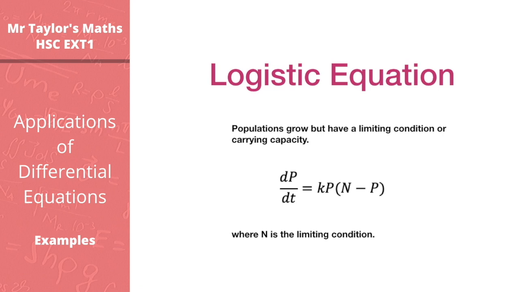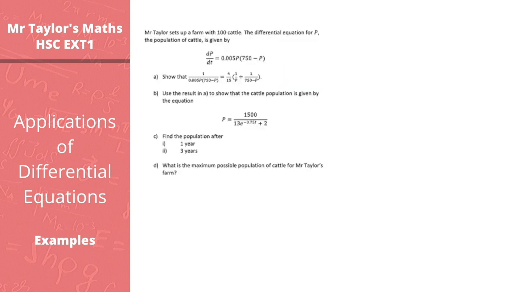So let's have a go at an example. Okay, here is our logistic equation example, and our final example for today. Mr. Taylor sets up a farm, that's me, with 100 cattle. The differential equation of P, the population of cattle, is given by the following. The first part is a show-that question, and that is just going to help us for part B, really.